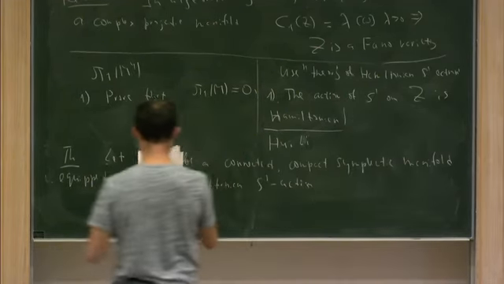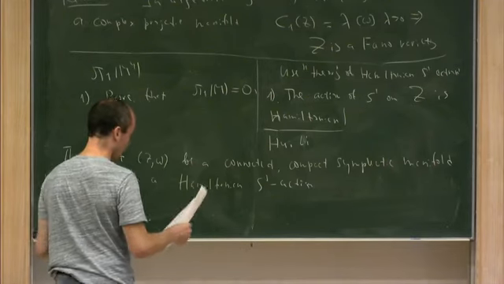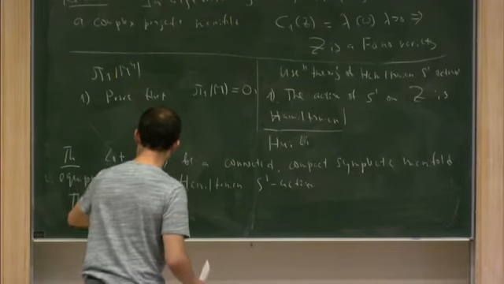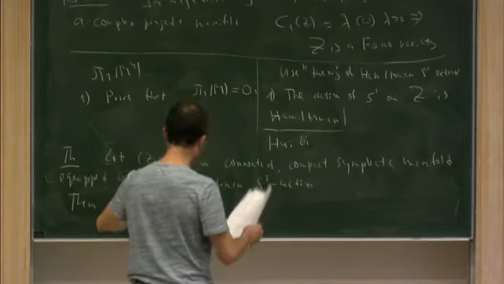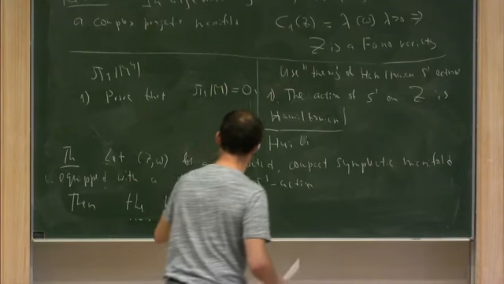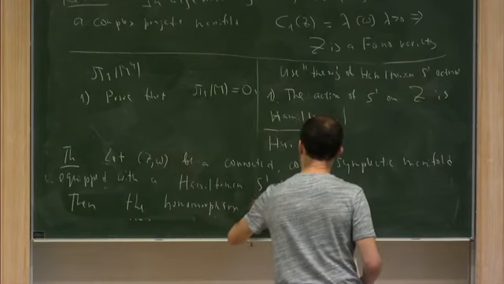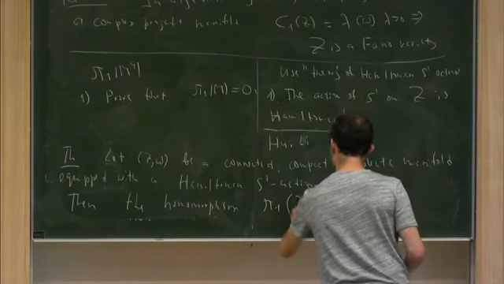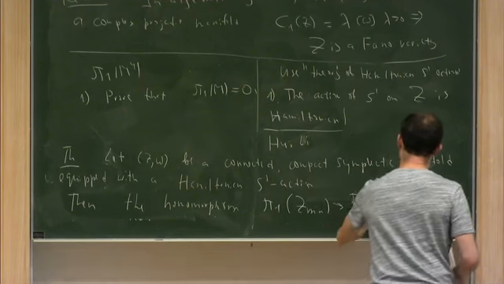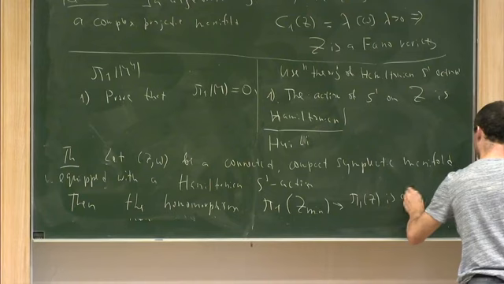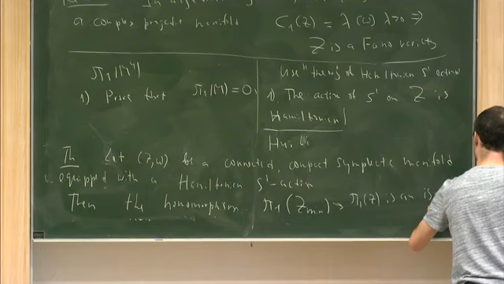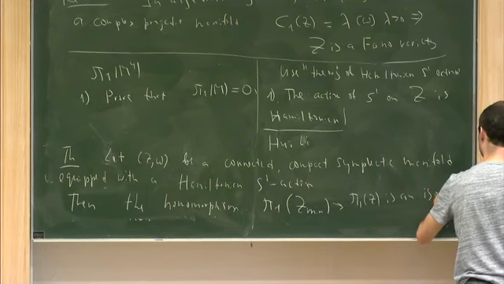Then the homomorphism pi 1 of Z min to pi 1 of Z is an isomorphism. I will tell you now what this means.